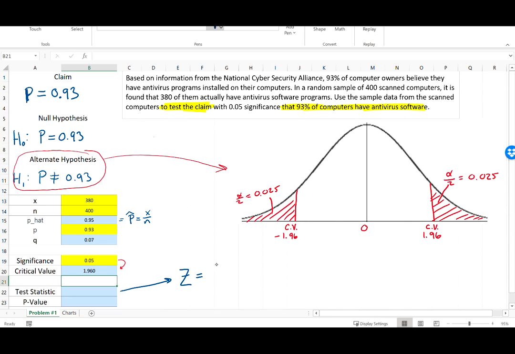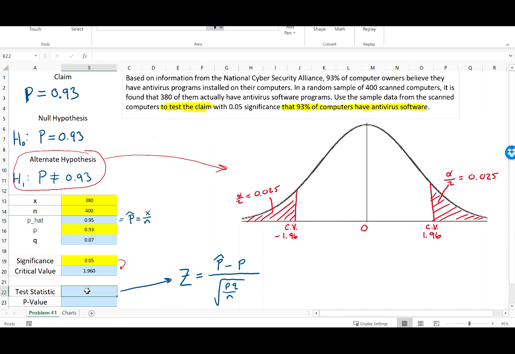It's the difference between the sample proportion and the population proportion, divided by the standard error, which is the square root of p times q divided by n. So we want to put that in there.